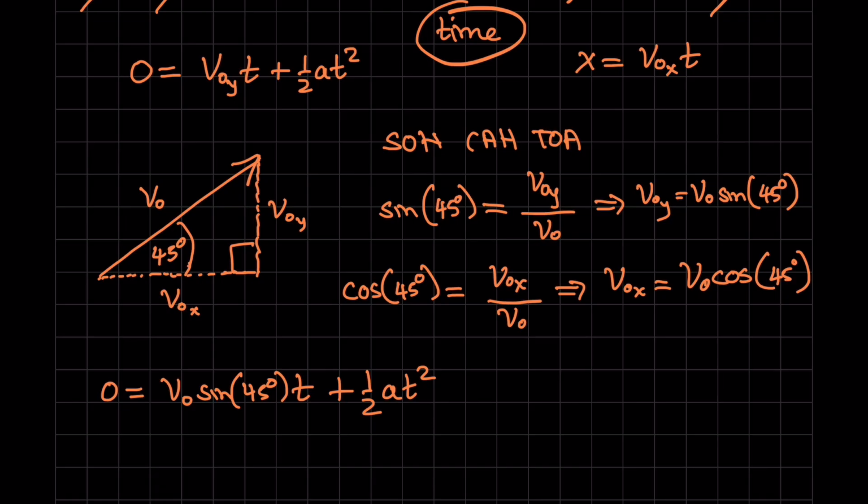That's our y equation from the top. Now let's do that with our x. X is equal to v naught cosine of 45 degrees times time.